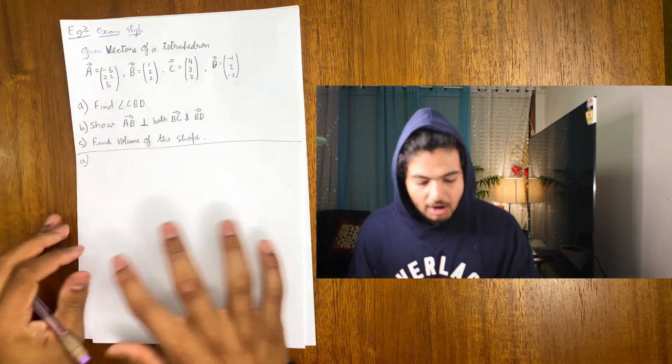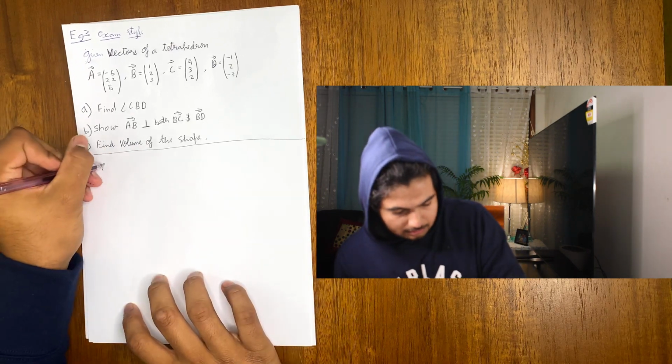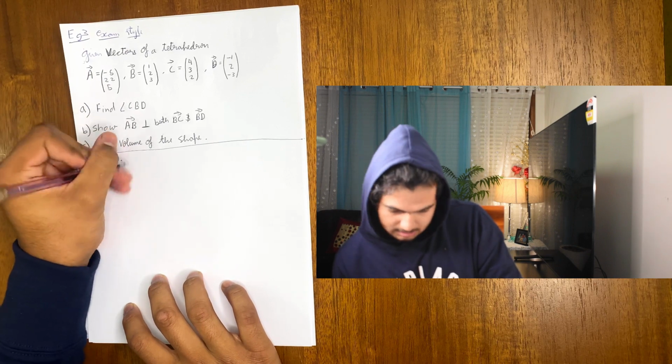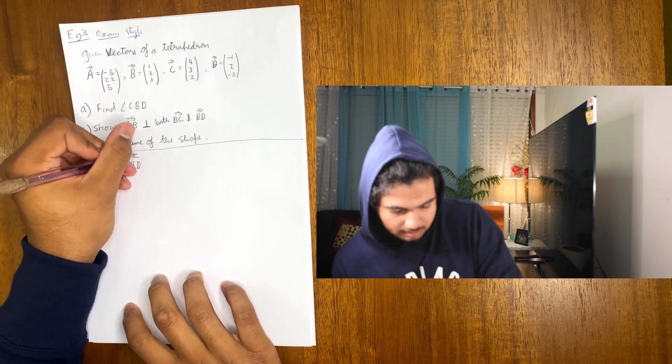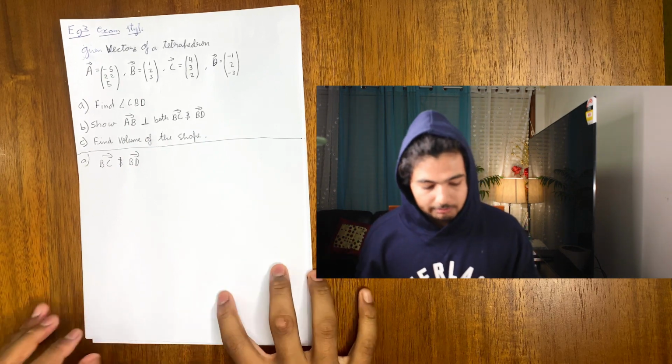A, find CBD. First thing I will do is find vectors BC and BD, and we'll find the angle between them using the geometric form of the dot product.